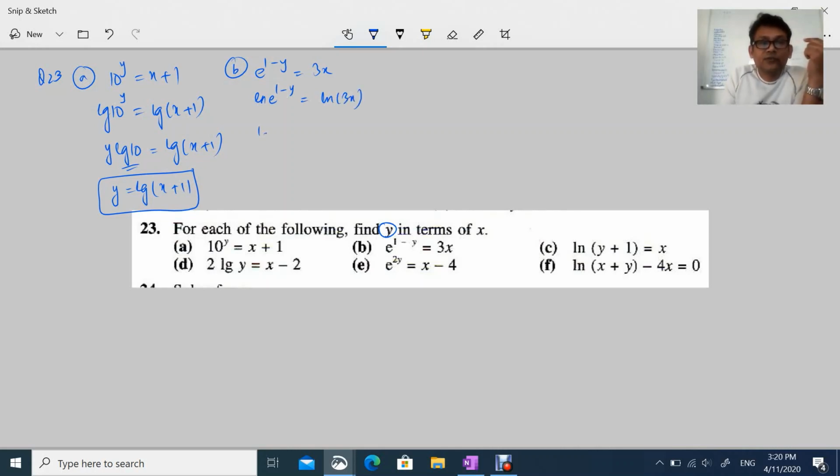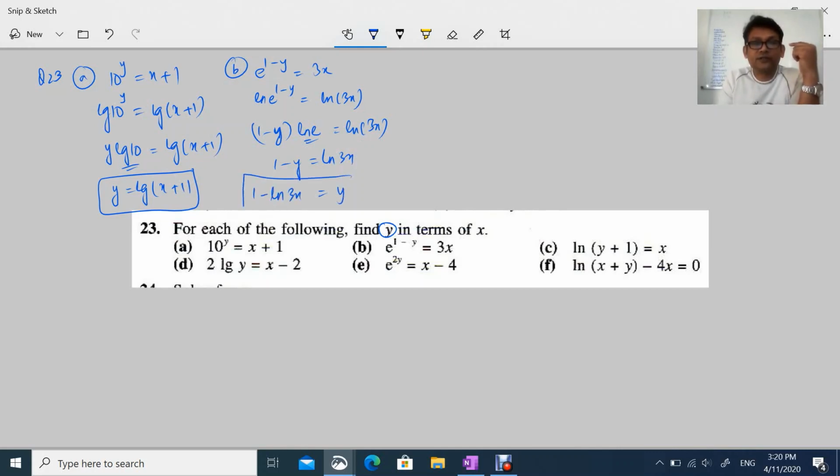This 1 minus y will become the coefficient, and ln e is equals to 1. So 1 minus y is equals to ln 3x. Making y the subject, and the subject should always be positive, please. So y is on the right hand side. So y is equals to 1 minus ln 3x, and that's your answer. Okay, part C.